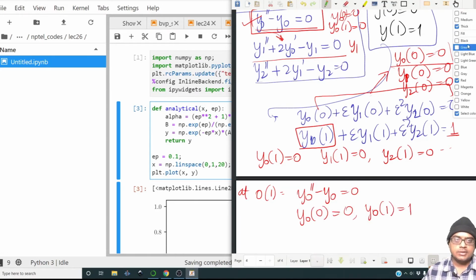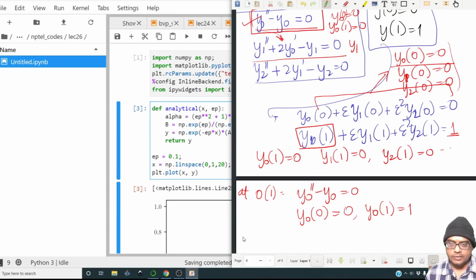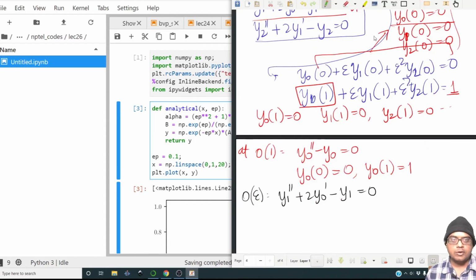What about the equations at higher order? Order epsilon, y1 double prime plus 2 y0 prime minus y1 equal to 0, subjected to y1 at 0 equal to 0 and y1 at 1 equal to 0.